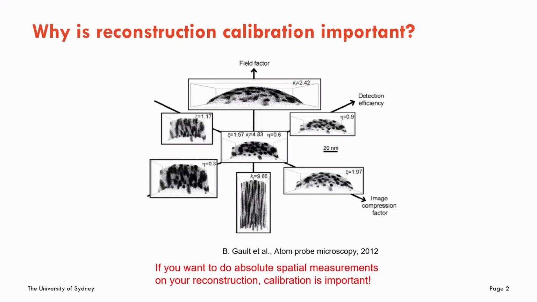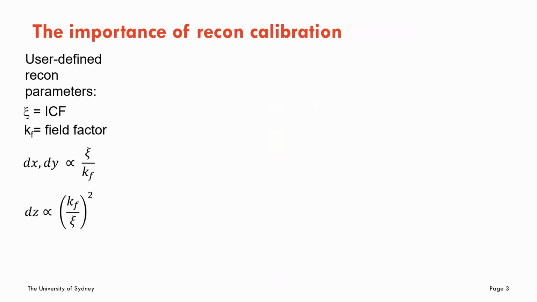It doesn't mean that your data is garbage or junk if you can't do it. But you just have to be mindful that if you are going to be doing measurements, you have to be a little bit careful about the numbers that you're quoting if you can't do this procedure.